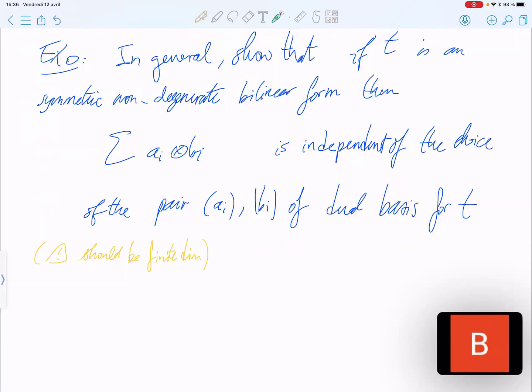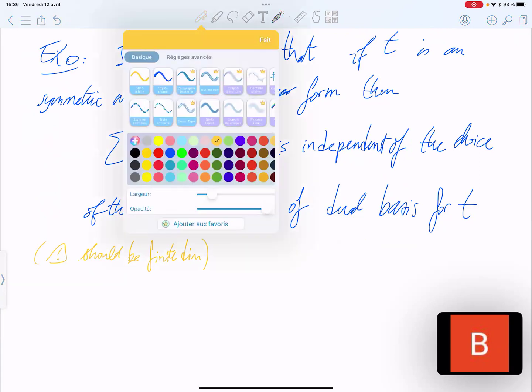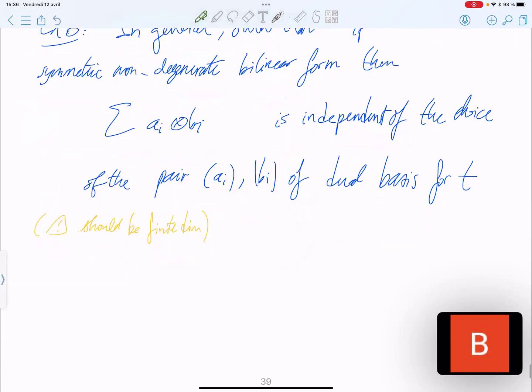Otherwise, you may have some problem with the sum. So show that, or find a reference.